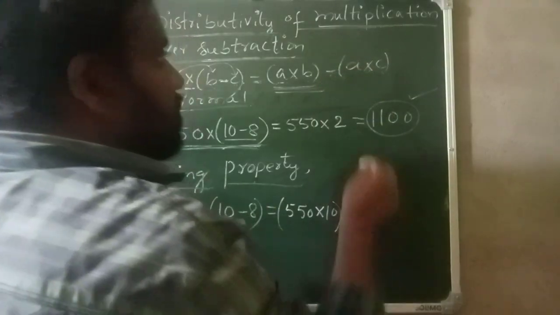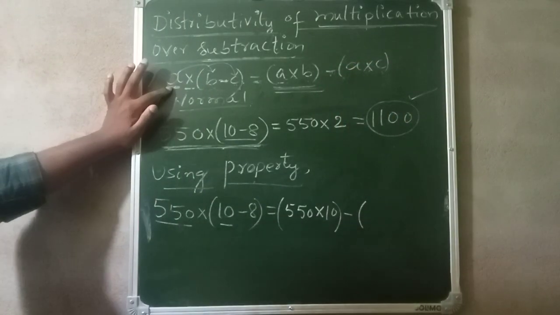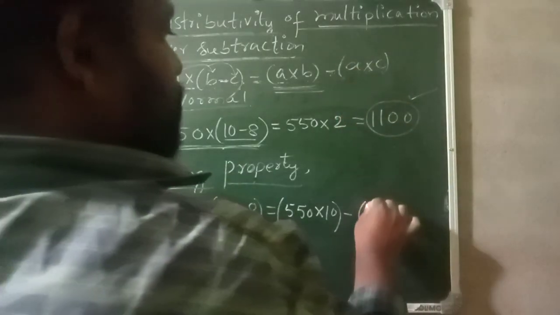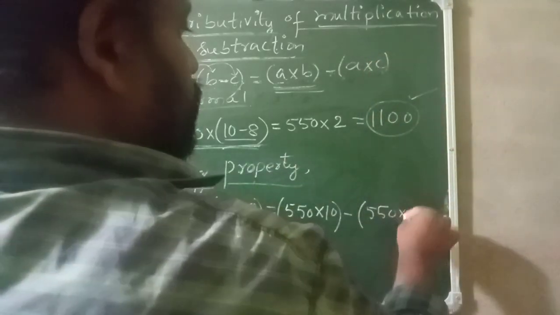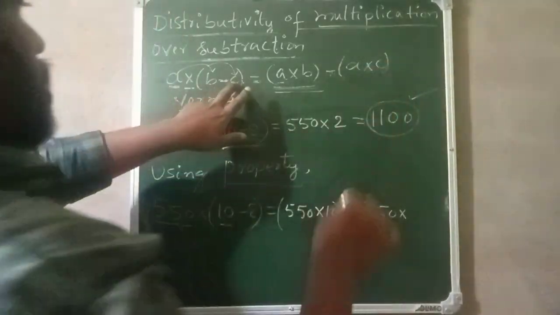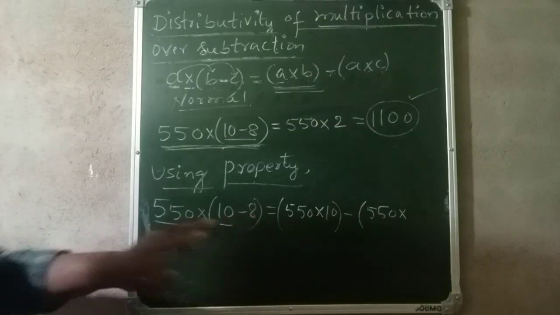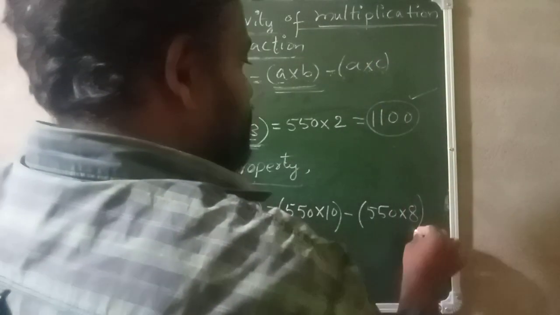Next minus, open bracket, A. In place of A write 550, into C. In place of C write 8.